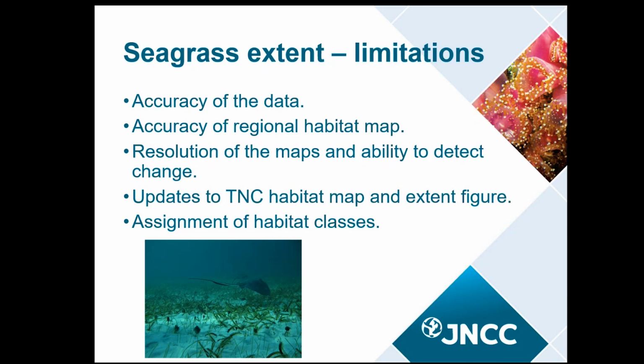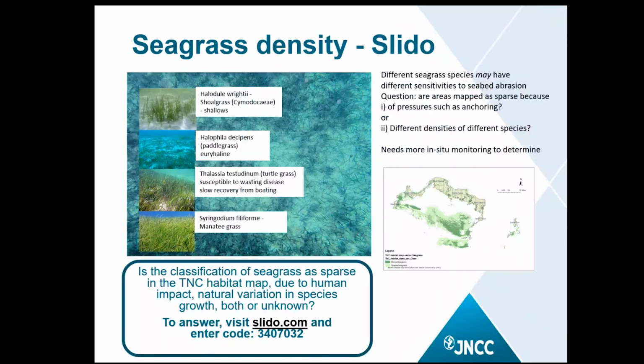There was quite a lot of ground truthing of the map, but it's obviously not been done in every area. And how easy is it to assign the correct class of either seagrass or another habitat, or the difference between dense and sparse seagrass? So we've now got a Slido question around the seagrass density.